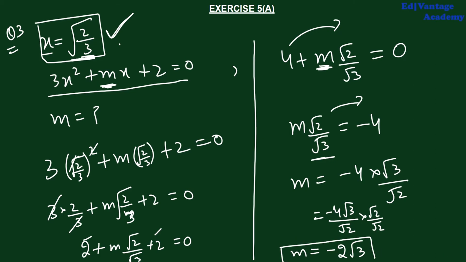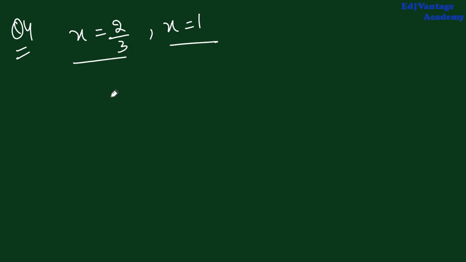Going to the next question, question number 4. Question number 4, they have given here both the values of x. They are telling us one time x is 2 by 3 or x is 1. We know every quadratic equation variable has two values.